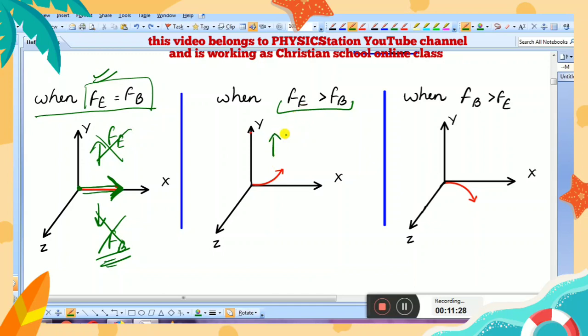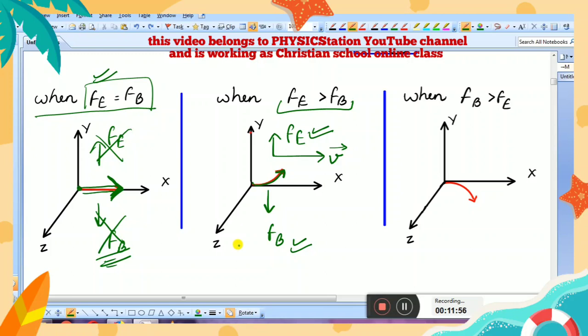Now again let us understand, Fe was acting in upward direction, Fb was acting in downward direction. If in this case Fe is stronger than Fb, in that case, due to upward force and due to the initial motion of the charged particle, the charge will acquire this type of path, a curve.